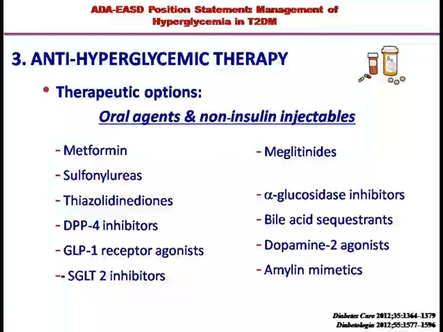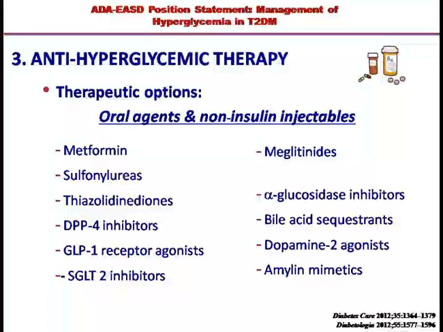And on your right side, we have meglitinides, which I think most of us don't use, and alpha-glucosidase inhibitors, not a very good option because many people are not able to tolerate them. Again, this is basically a postprandial drug, and it's quite costly also. Then we have the bile acid sequestrants, not very friendly, most of us are not using them.